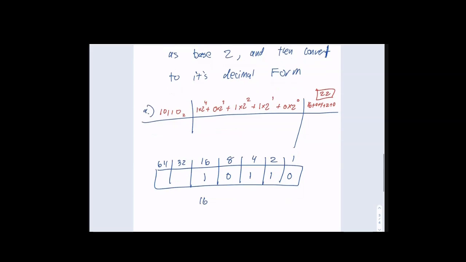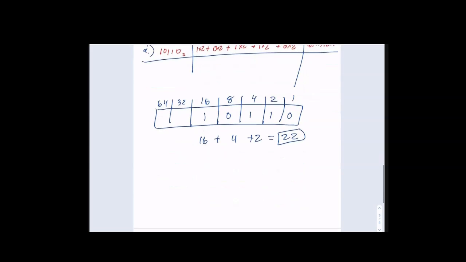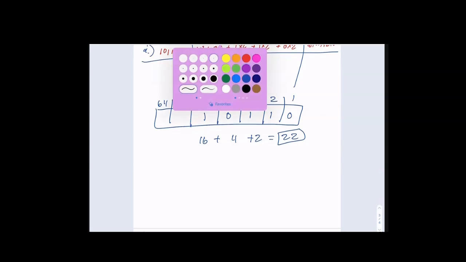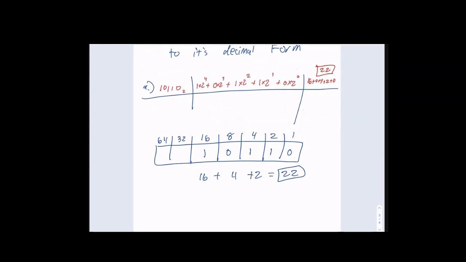This tells you in the table that the number is the same thing as 16 plus 4 plus 2, which gives me 22. So it's a bunch of on and off switches. On or off, on or off, on or off. So 10110 is the number 22. Questions on that example?